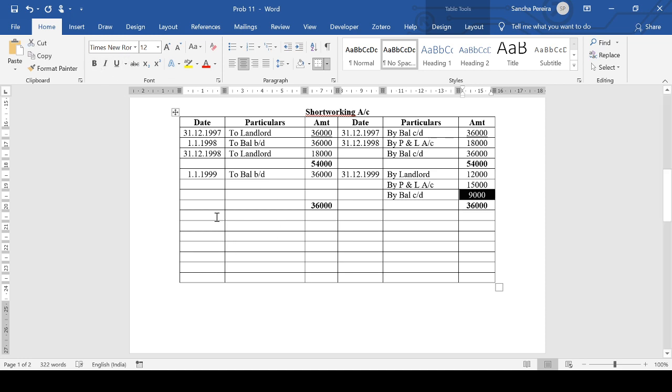Bring down the balance immediately. First January 2000, to balance brought down 9,000.